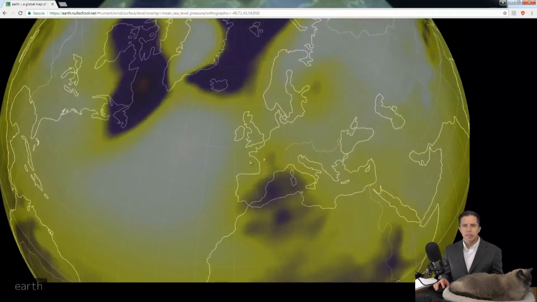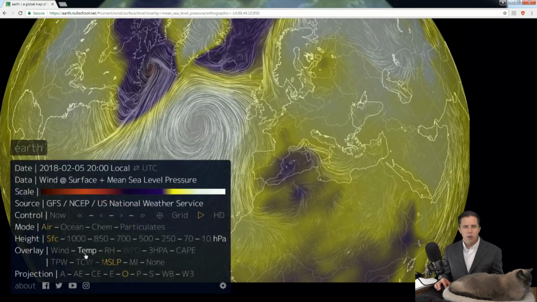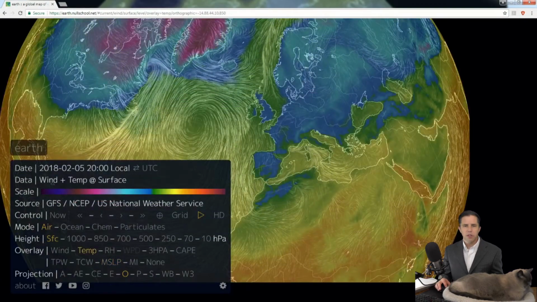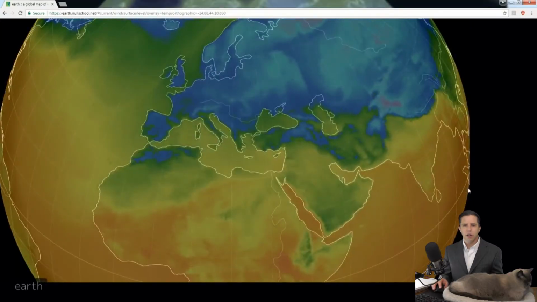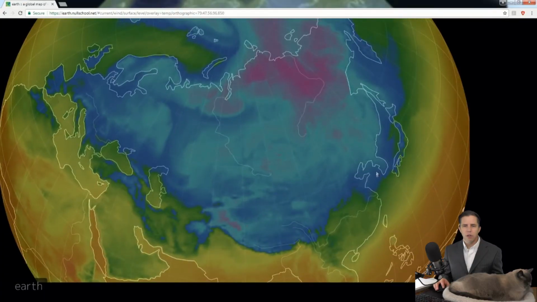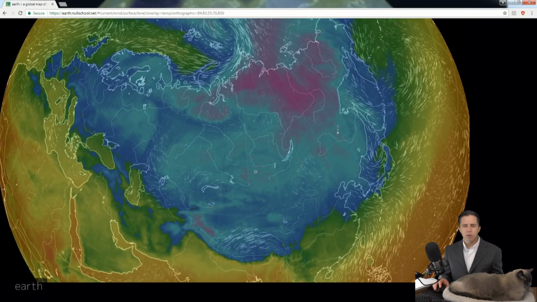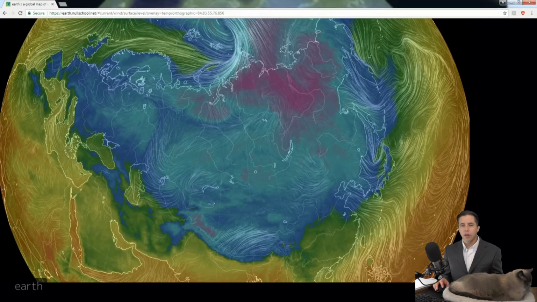Okay. Now, I'm going to change the overlay to temp for temperature, and this is surface temperature. Okay, so now the colors mean temperature. I'm going to go over here to our friends in Siberia, and notice how you get this big blob of really cold air that's sitting over the continent right now.